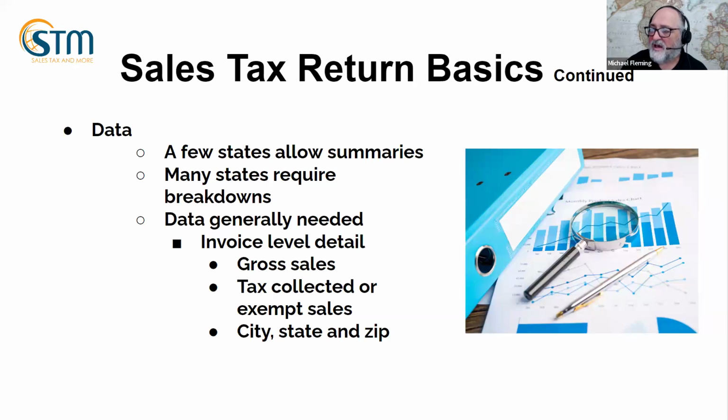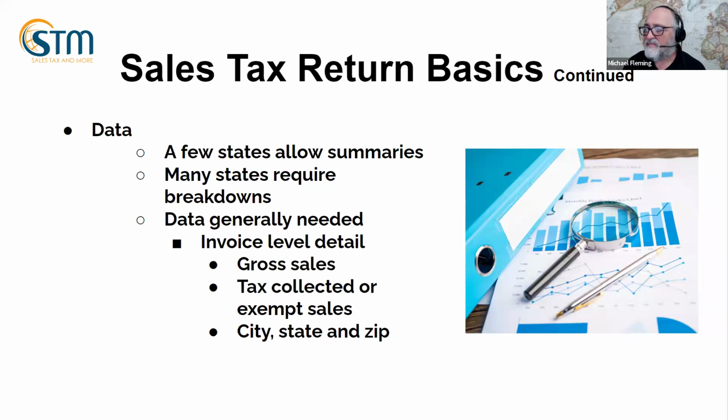Gross sales sometimes include Amazon sales. Some states will make you include those, even though Amazon's collecting the tax, and then you back it out in other states. So every state is going to have a little bit of a difference as to what data you need to use in order to get it on the return.